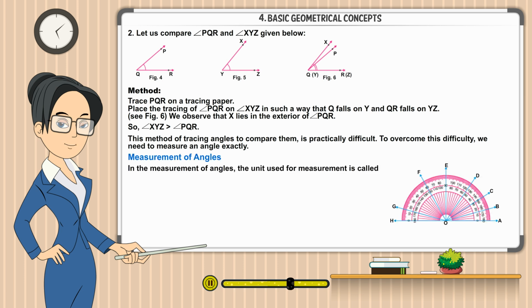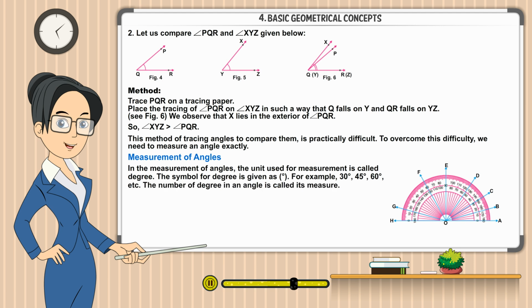Measurement of angles. In the measurement of angles, the unit used for measurement is called degree. The symbol for degree is °, for example, 30°, 45°, 60°, etc. The number of degrees in an angle is called its measure. In the given figure, the number of degrees in angle AOB is 15°.